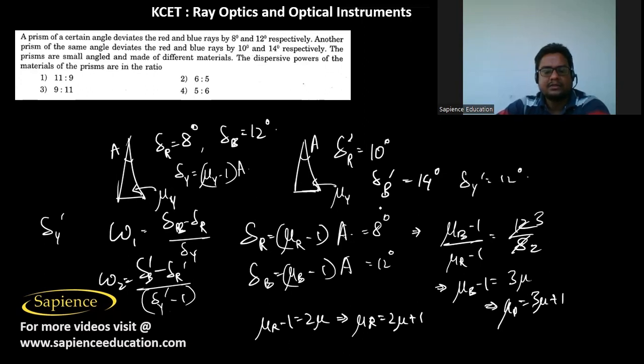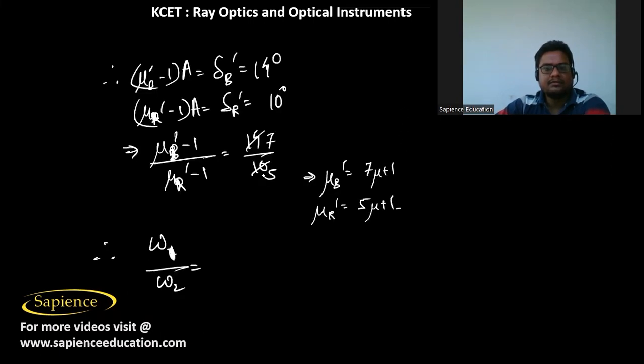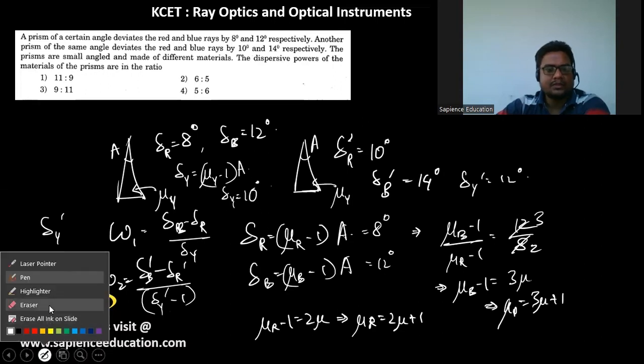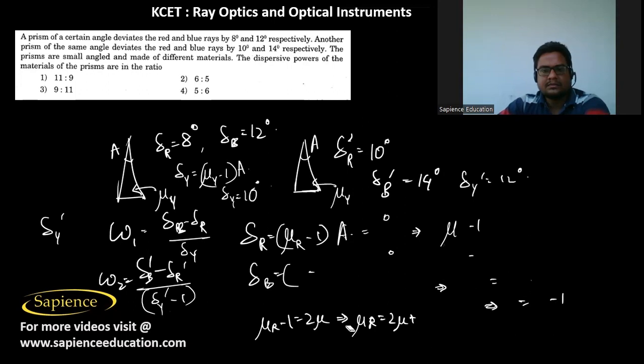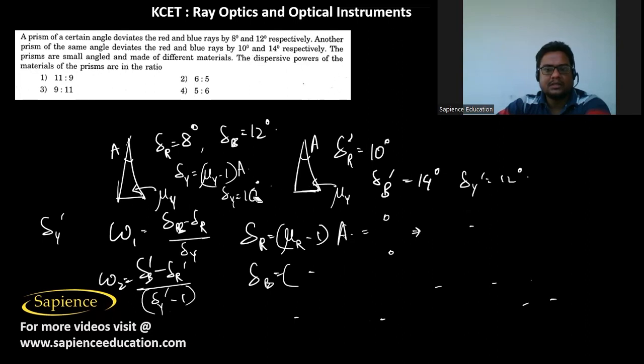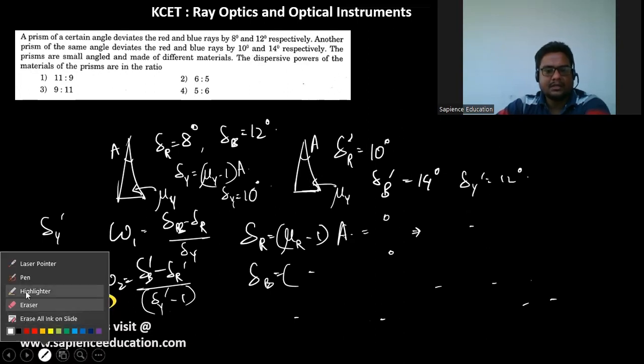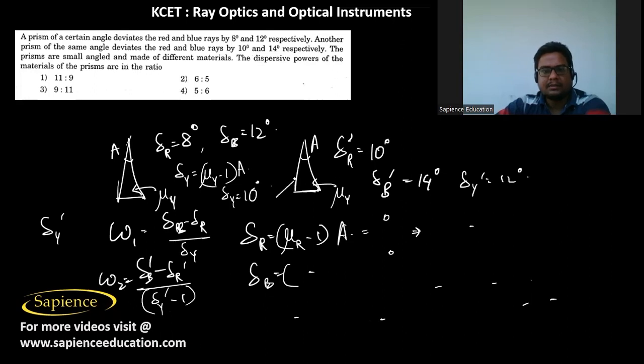Here that is 12 degrees, and here delta y will be 10 degrees. Actually, it can also be found without doing all these things. Simply we can find delta y, which is the middle color. Yellow is the middle color with respect to red and blue.